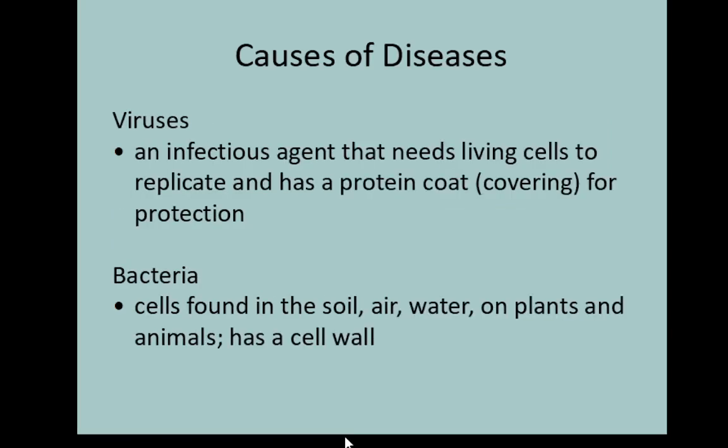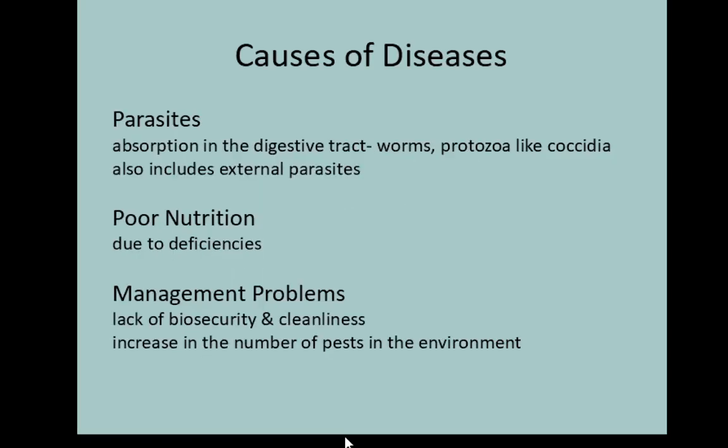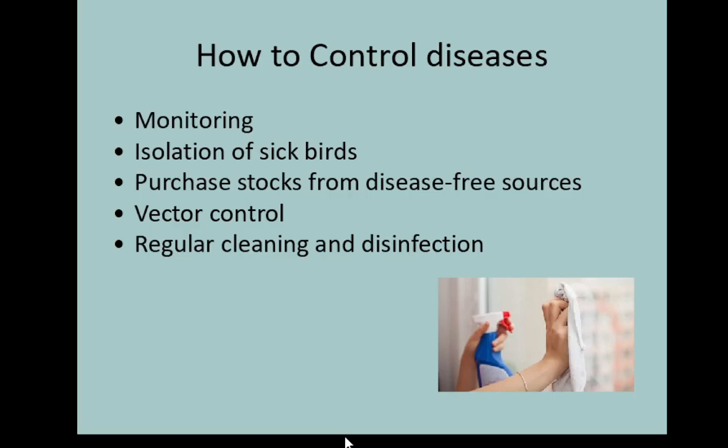Okay, so how do we control diseases? Okay, what we can do to control diseases are, of course, monitoring. When we monitor our production, like egg production, as well as weight gain, and then, as mentioned, we've observed a drop, a decrease, or a loss, then it is a sign of disease and is a cause for further investigation.